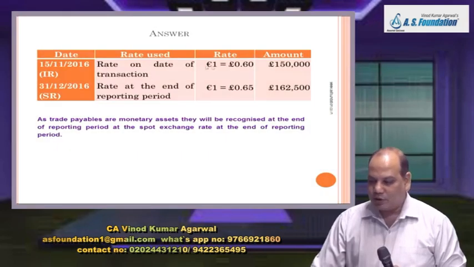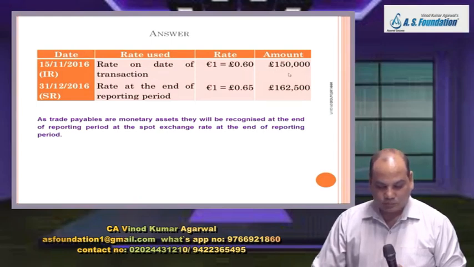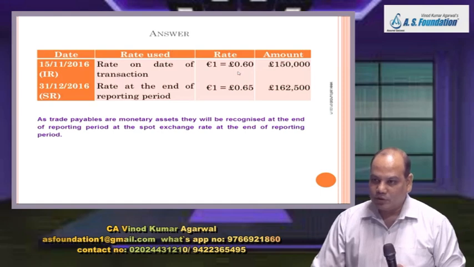On 15 November, we will take 0.60. And what is the amount you have written? 1,50,000? Or have you divided by 0.60? Multiplied? Sure. Okay. And what is the closing rate you have taken? 0.65? Have you got 1,62,500?